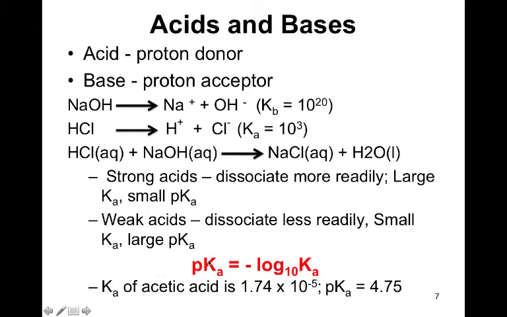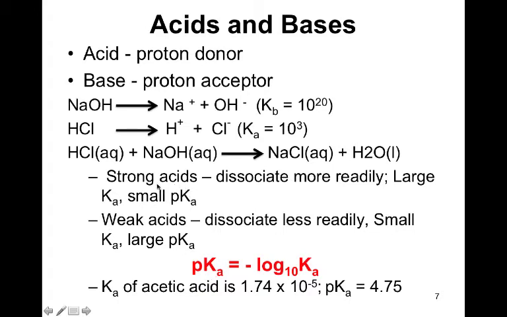The pKa is nothing but the negative log of the dissociation constant. So the negative log of 1.74 times 10 to the power minus 5 comes out to about 4.75. It's a number that you can more easily work with, more easily remember. And that's what the pKa is all about. It's just another way of denoting the dissociation constant.